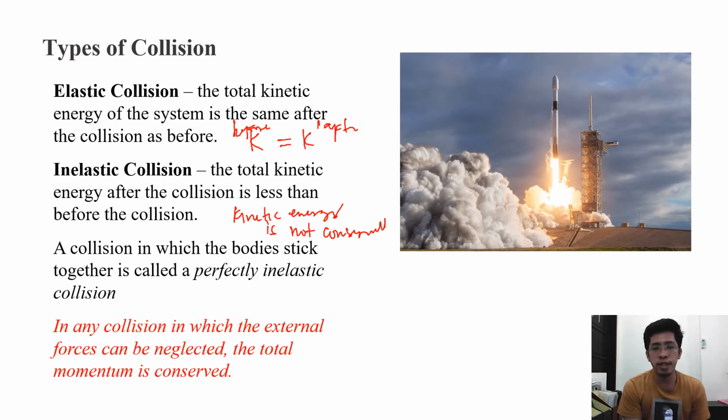It's just that in an elastic collision the kinetic energy is conserved, whereas in an inelastic collision it is not. By the way, what you see in the image is a rocket. Rocket propulsion is actually the reverse of a perfectly inelastic collision. In a perfectly inelastic collision, after colliding, the two bodies stick together, so their masses combine.